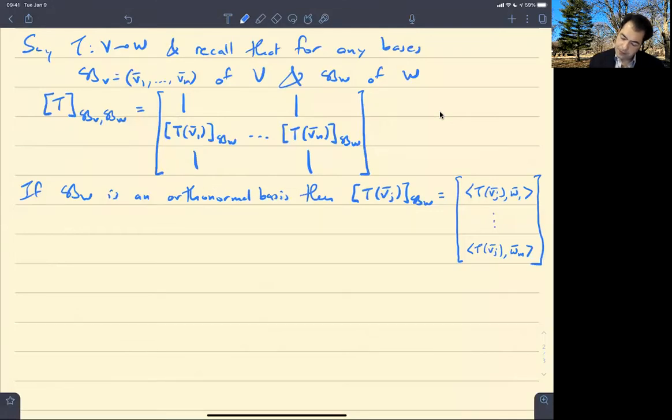Right, where I'm representing BW as w1 through wm.